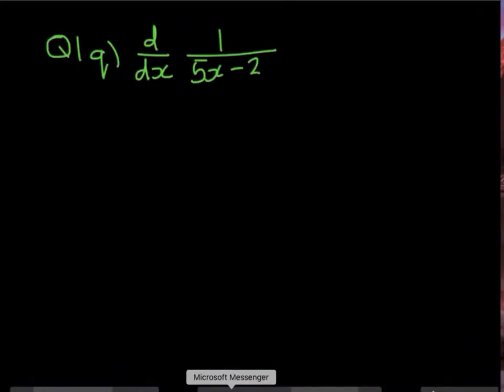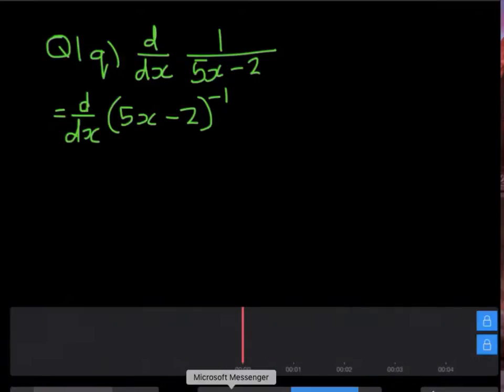Alright, with question 1q, we've got to find the derivative of 1 over 5x minus 2 with respect to x. First thing I need to do is get that denominator into index form. In index form, it'll be the derivative of 5x minus 2 to the power of minus 1 with respect to x. So again, let's differentiate what's inside the brackets first. That gives us a result of 5.